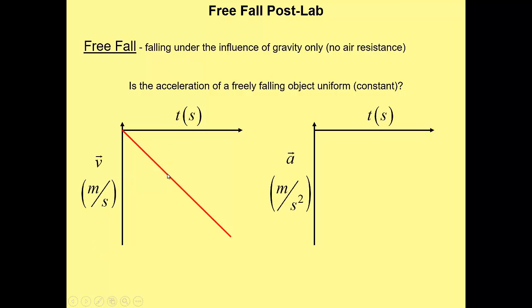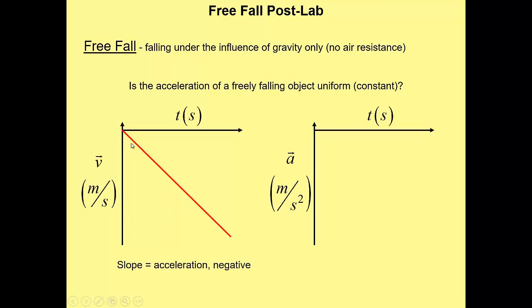Now, let's talk about the slope of this graph. Since this is a graph of velocity versus time, what does this slope represent? Well, it represents the acceleration. Looking at the slope of your graph, was it a positive or a negative slope? Since it's sloping down, that makes it a negative slope.